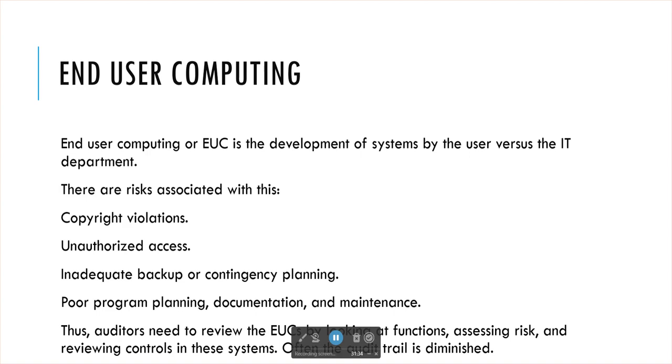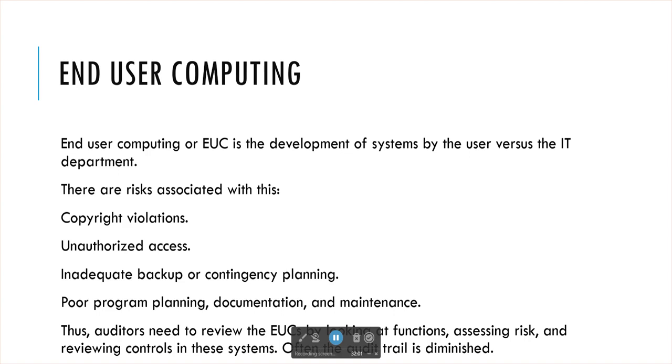You have problems associated with unauthorized access because your security is inadequate. You don't have good backup or contingency planning. So you don't have a broad overall review of everything, and it's because everyone is doing what they particularly believe they need to do in developing their own systems.